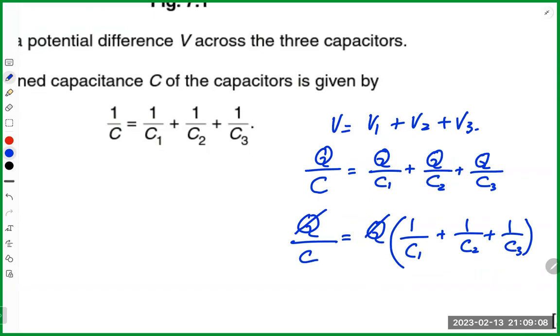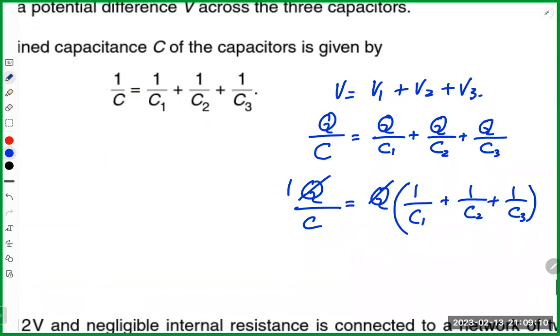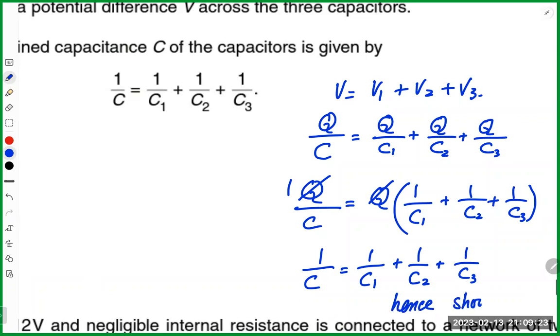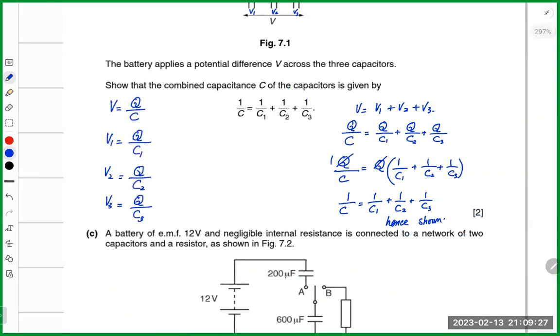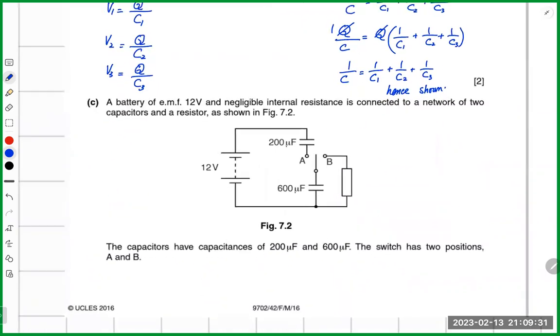So Q and Q get cancelled, and I will be left with 1 over C equals 1 over C1 plus 1 over C2 plus 1 over C3. And that's it. And shown. Okay. So this is how you're supposed to do this in exam. Straightforward.